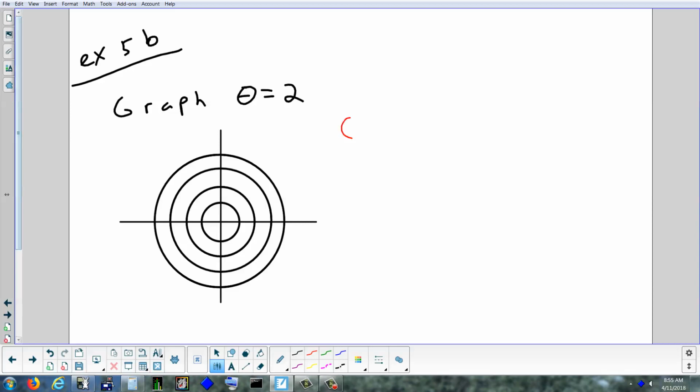Can somebody give me a coordinate that would be on the graph of theta equals 2? Trevor?